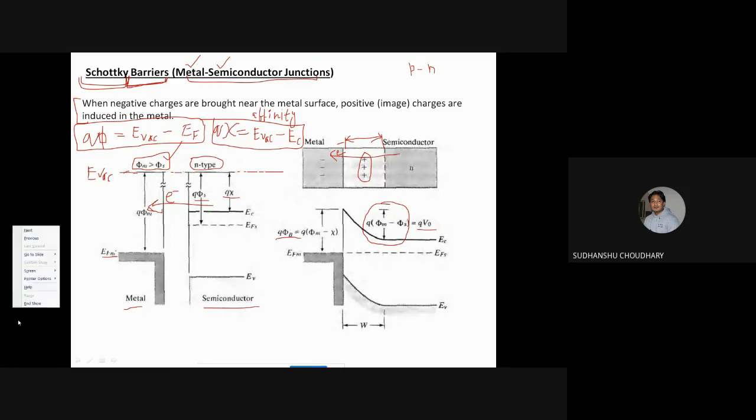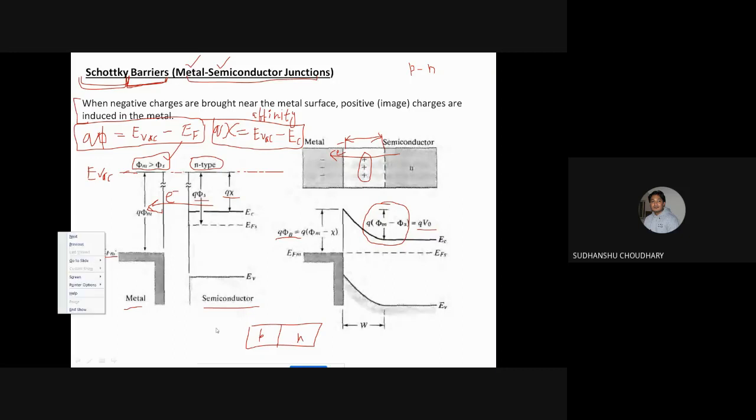Let us consider an example of why we don't want this barrier. Let us say this is my PN junction. This PN junction has to be connected to some power supply. For connecting a power supply, I need to establish an electrode over here, so I need to deposit some metal to make contact.